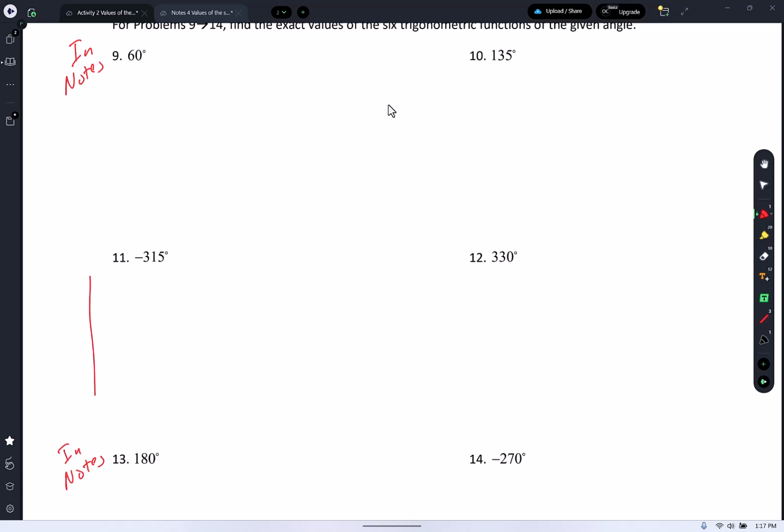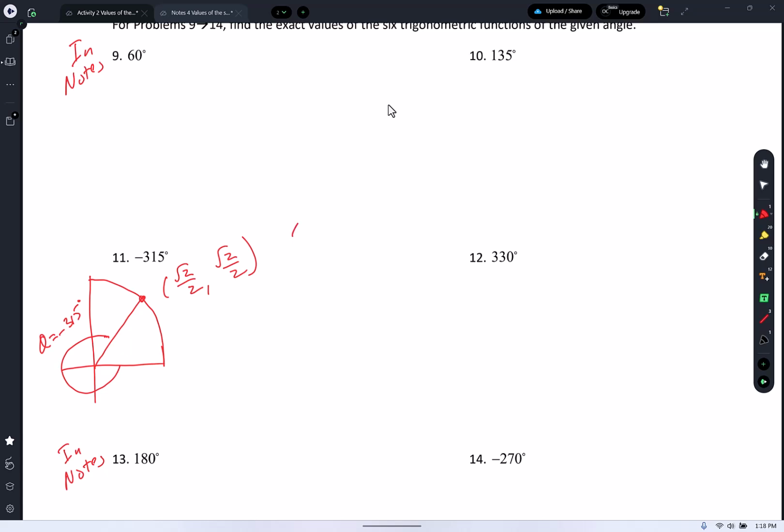Negative 315 is in quadrant 1 when you go like this. For negative 315 degrees, this coordinate, if you think about it, is square root of 2 over 2, square root of 2 over 2. Don't worry, guys, we're almost done. All right, we got it.